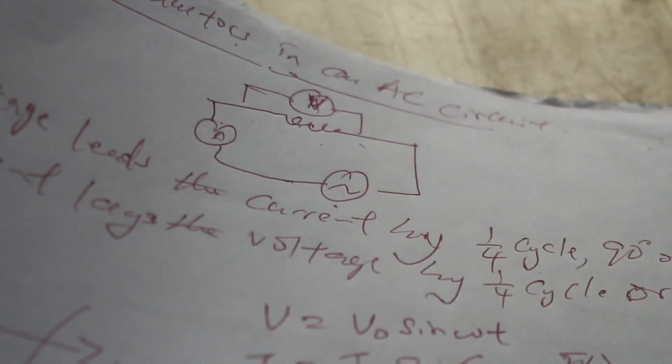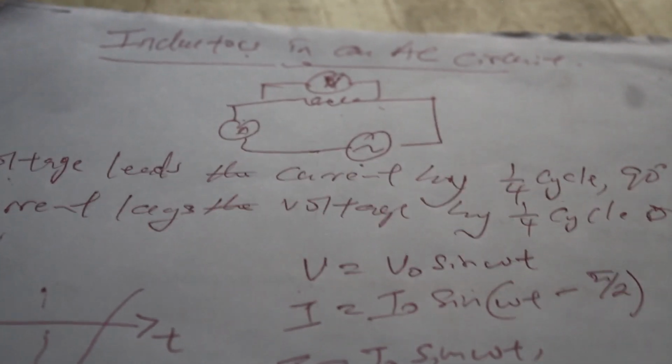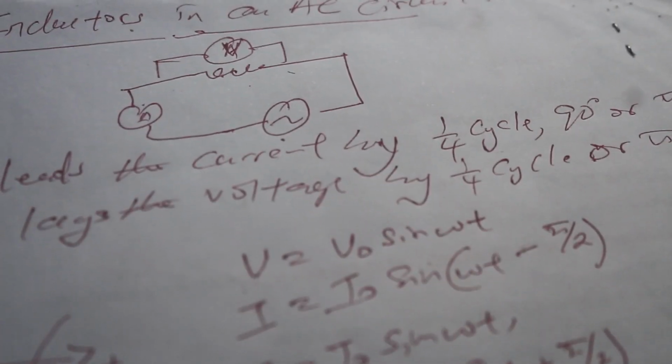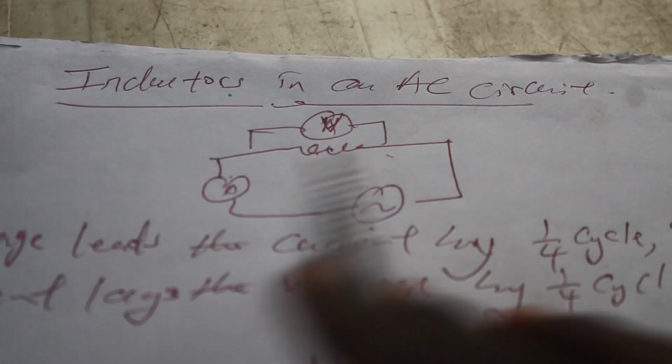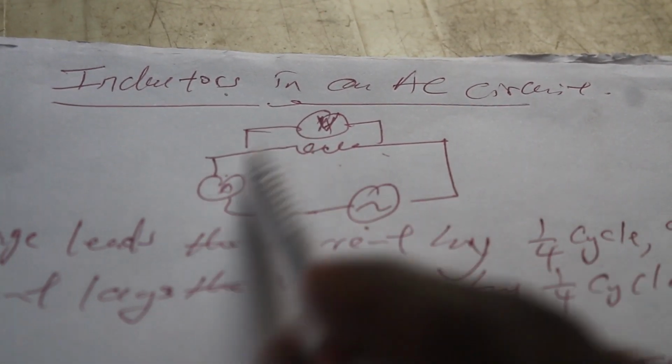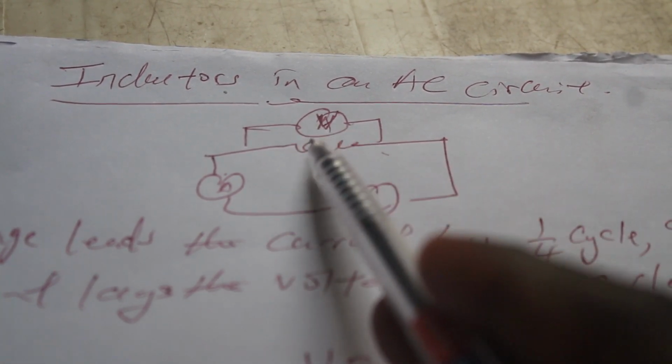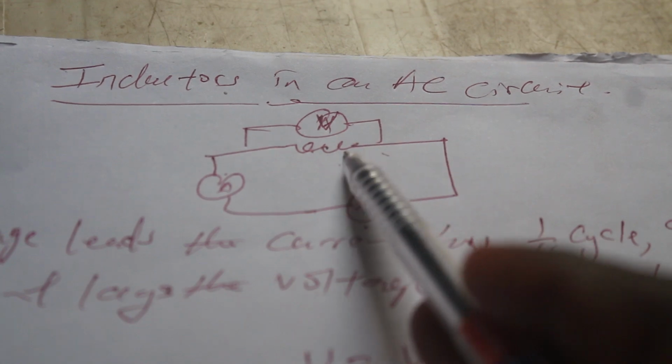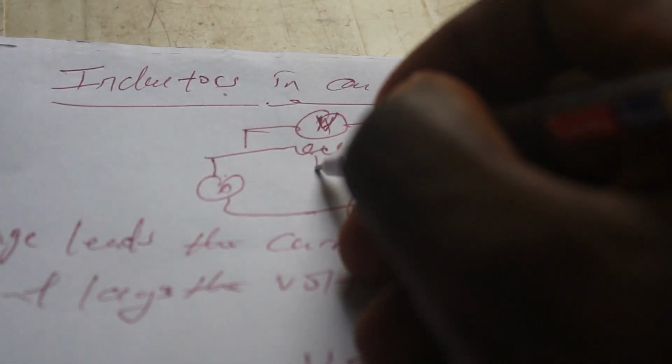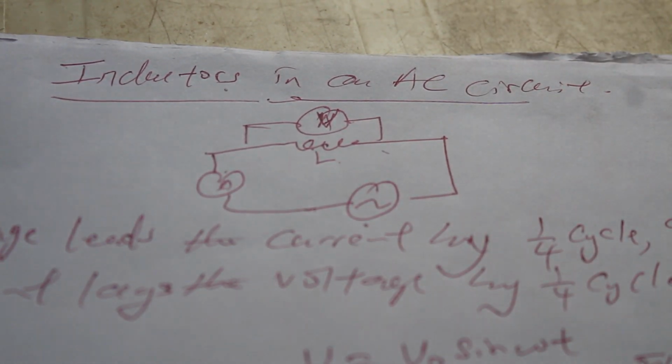So if there is a question, you can let me know so I can talk more about this. But before I go on, I would like to explain from the very start. So here we say inductors in an AC circuit. If you have an AC circuit like this figure here, this coil here is known as an inductor, and it has an inductance, it has a value.